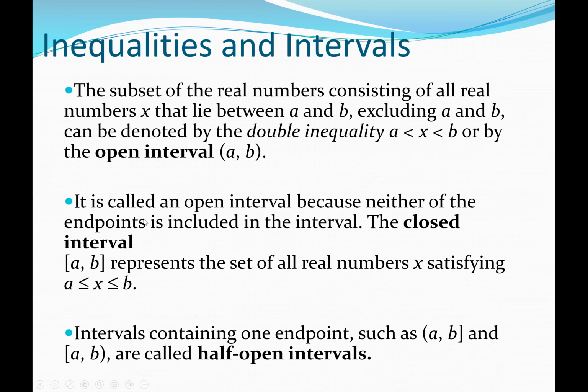Now, the subset of the real numbers consisting of all real numbers x that lie between a and b, excluding a and b, we write using regular parentheses. That's what we call the open interval. So if I'm looking for values between a and b, but excluding a and b, it is an open interval.